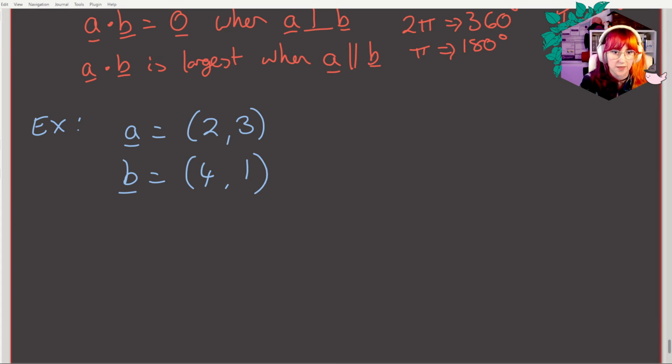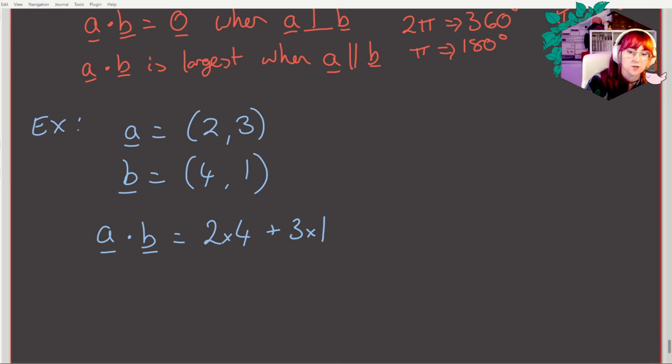Yeah, 4, 1. Okay, then A dot B is 2 times 4 plus 3 times 1. So sum over the products of the entries. So we get 8 plus 3, which is 11.